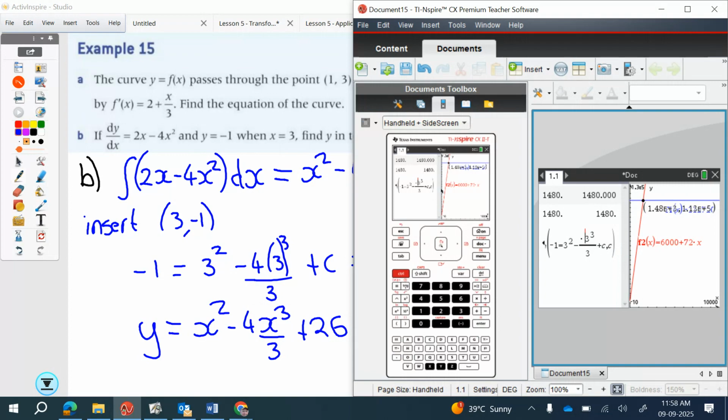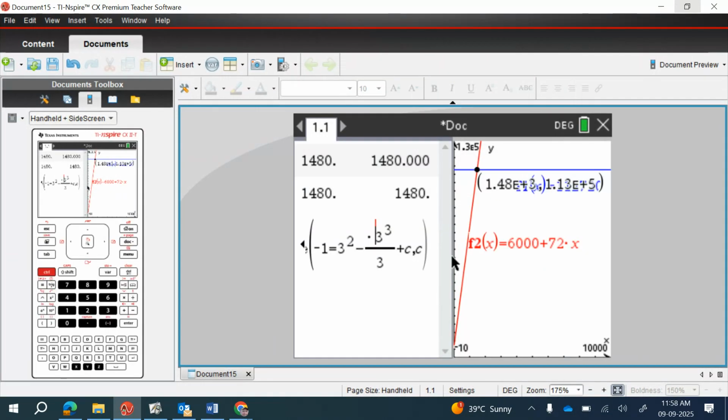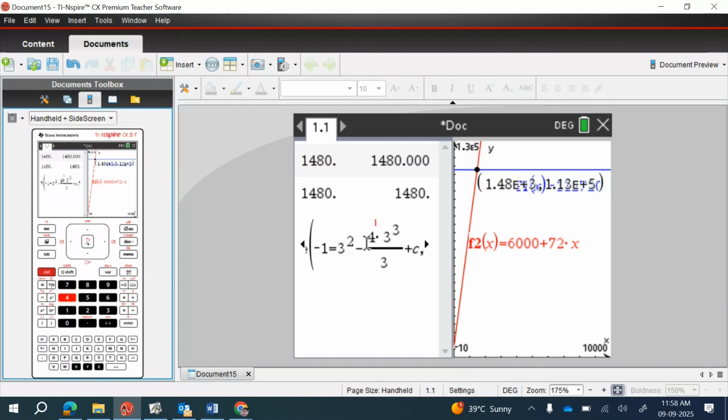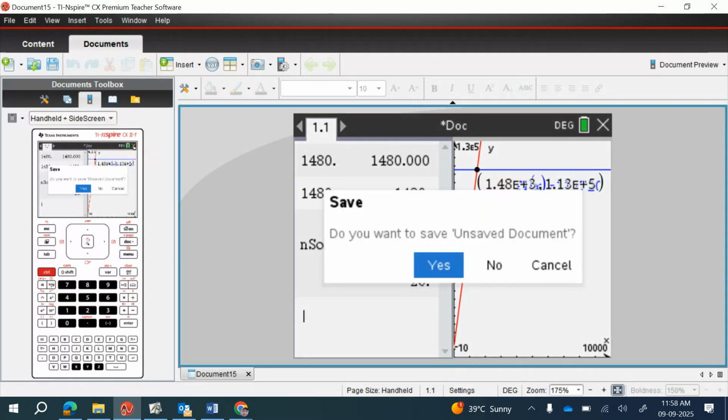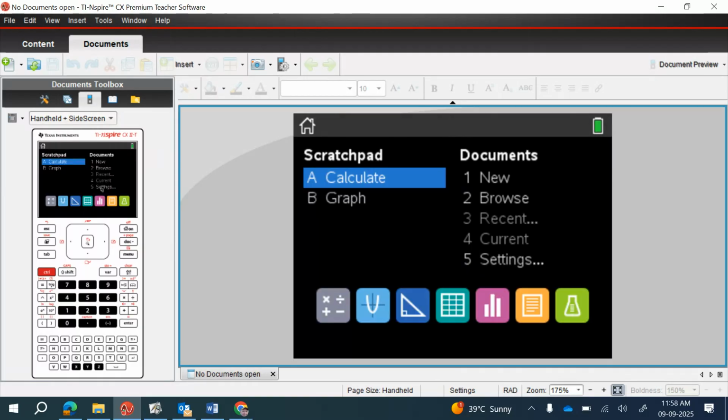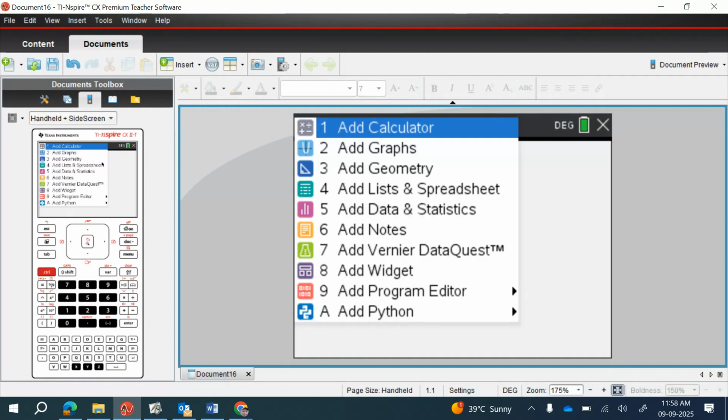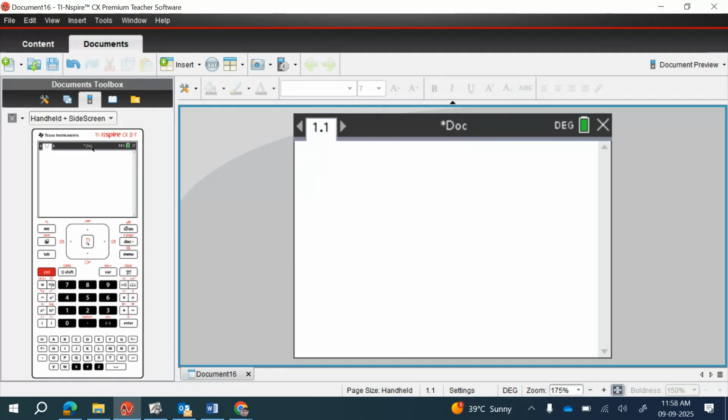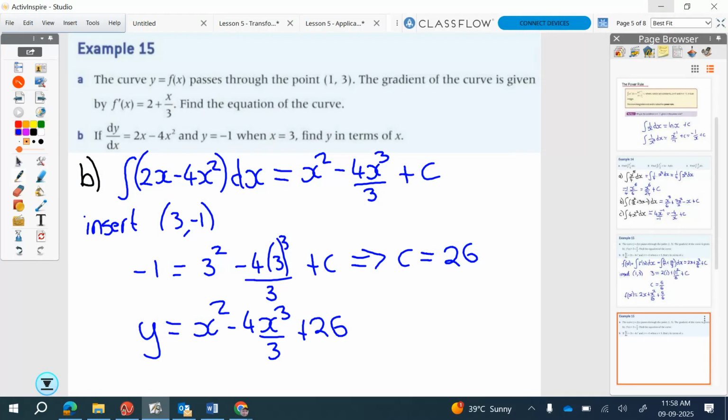Syntax error. What's going on with my calculator? I missed the 4. 26. Oh, I didn't have a negative. I got a positive. My x was 3, my y was 1.